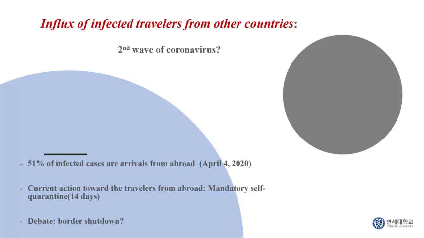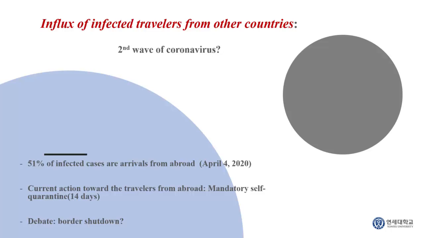Another problem is the influx of infected travelers from other countries. There is a high probability of leading to a second wave of COVID. On April 4th, 51% of infected cases were arrivals from abroad.